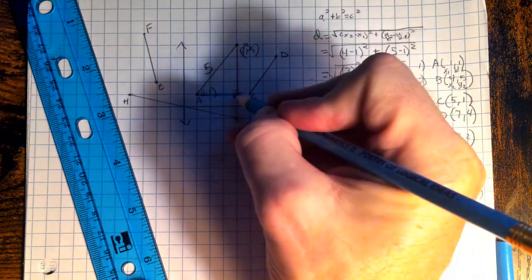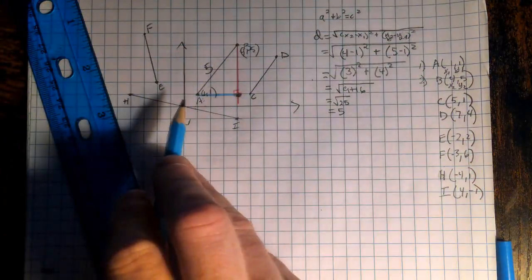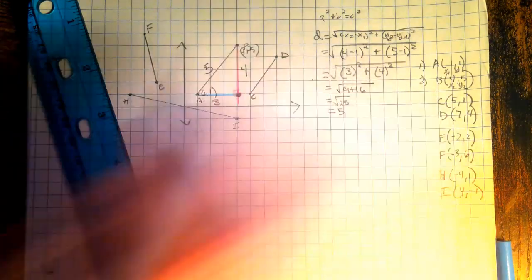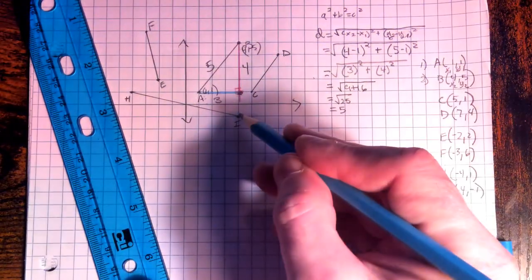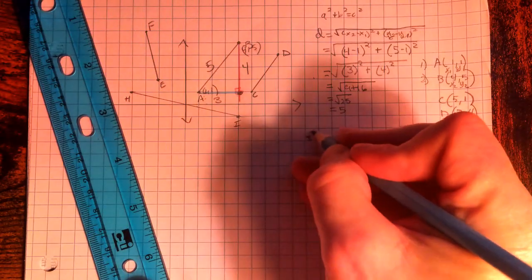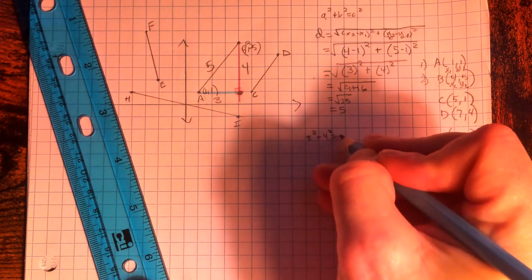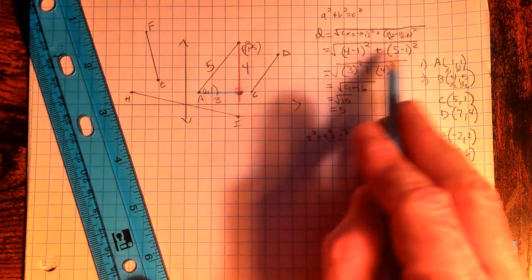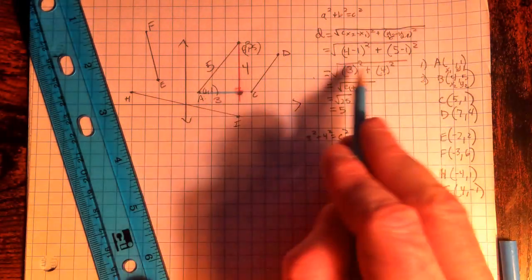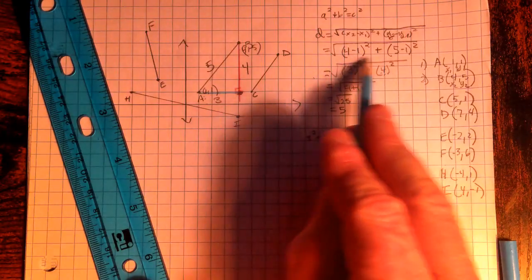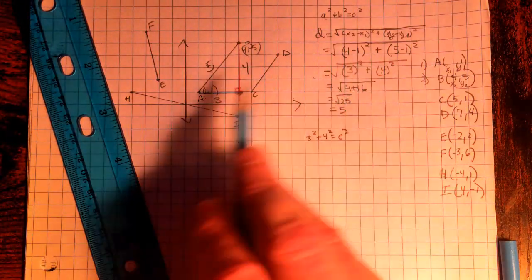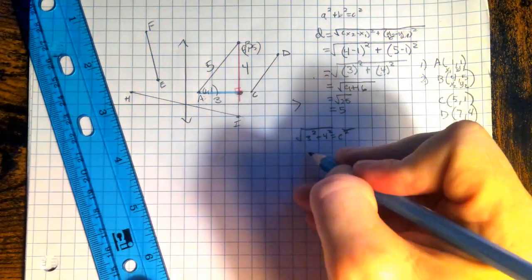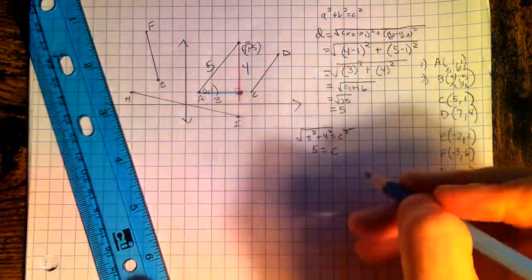So this point right here gives me a horizontal unit of 3 and a vertical unit of 4. And then of course this just becomes a squared plus b squared equals c squared if I look at it from that perspective. So I can do all this, but I'm getting the 3 and 4 anyway from the distance formula, just saving myself a little bit of time or potentially errors in calculating.